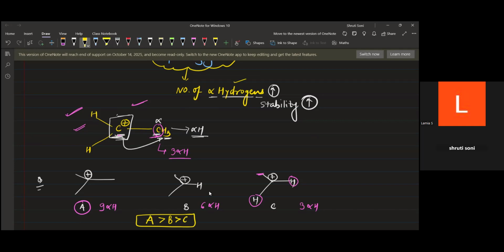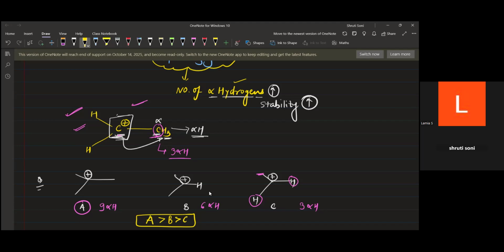Now do you remember the degree of carbon, as we discussed in our first class? How we calculate degree? Tell me, what degree is the carbocation in A? Is it 3 degree, 2 degree, or 1 degree? I think three degrees.